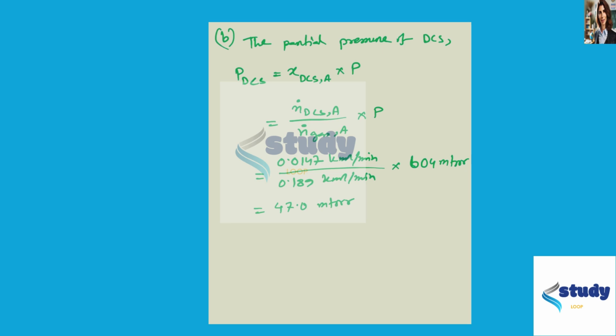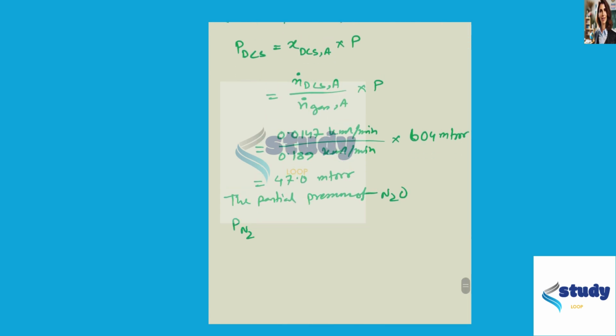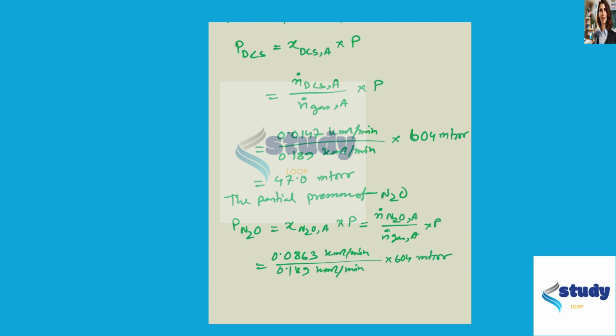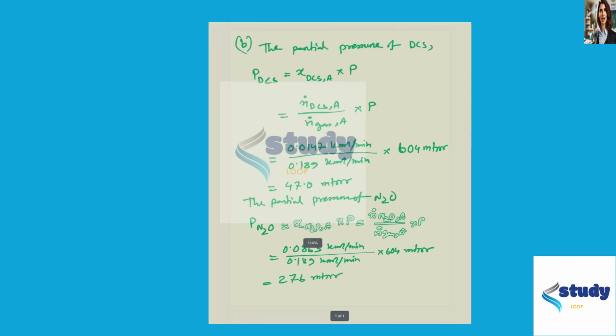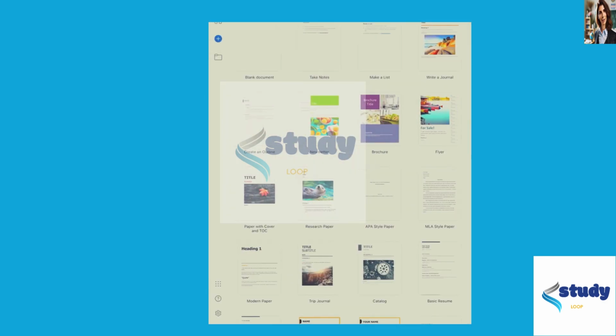Similarly, the partial pressure of nitrous oxide is 276 millitorr. Now, the rate of deposition.